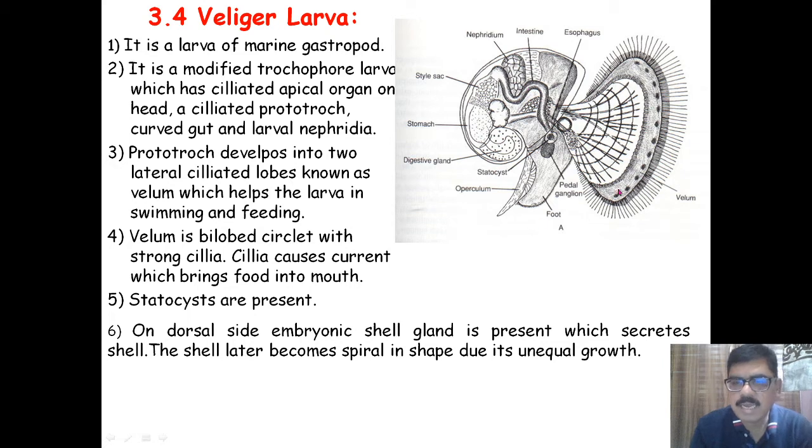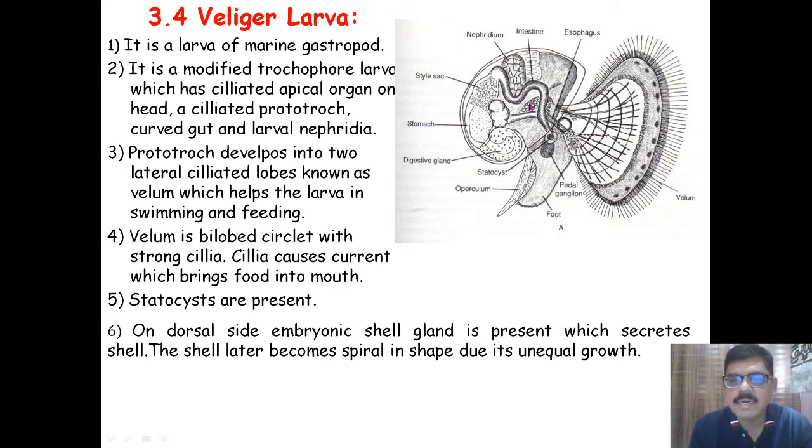This veliger larva is basically a larva of the gastropoda, and this is a modified trochophore larva. You can observe the well developed ciliated apical organ, or that is a ciliated organ called the prototroch.